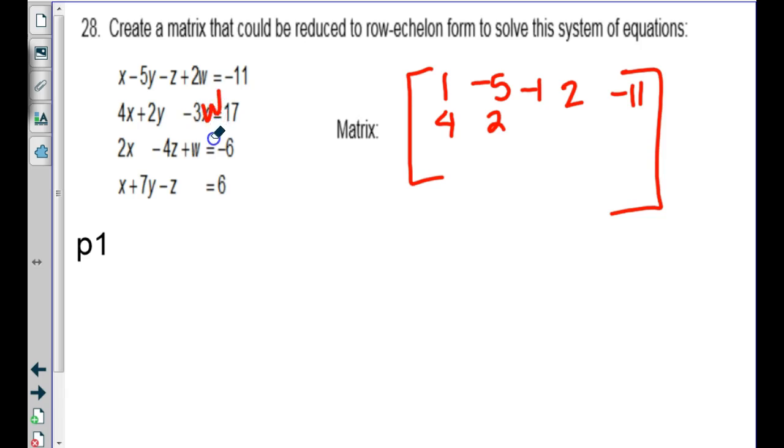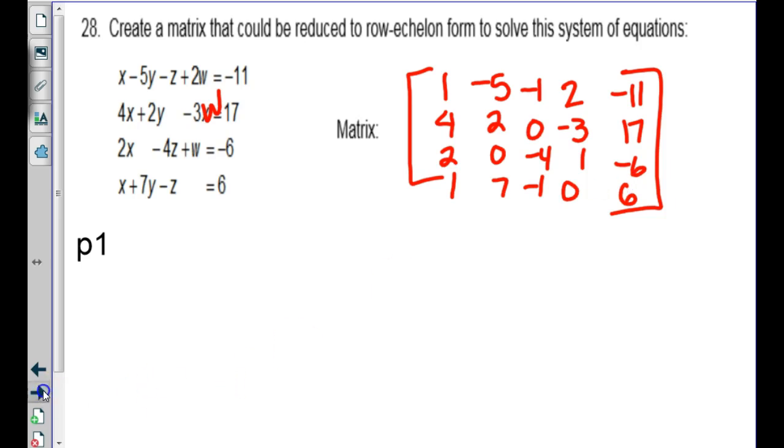Okay, it's supposed to be a W. I'm not tricking you. 0, -3, and 17. It's fixed on the quiz. I'm not trying to trick you. 2, 0 Y's, -4Z, and 1 W, -6. And 1, 7, -1, 0, and +6. Are we good? Any questions on that?